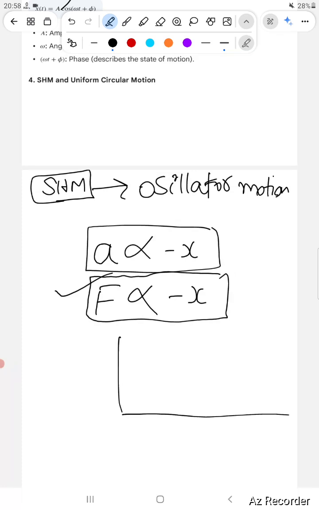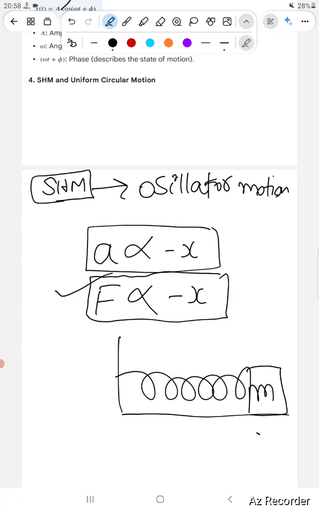The similar case you have seen in this system, because here if the mass goes in the positive x direction, the box will experience a force in the negative x direction and vice versa.